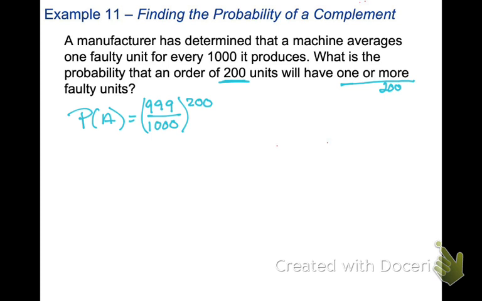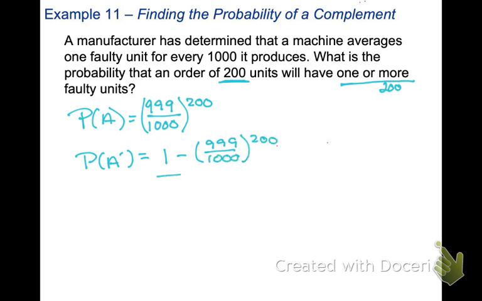So we want the probability of the complement of getting absolutely none. It'd be 1 minus 999 over 1,000 to the 200.